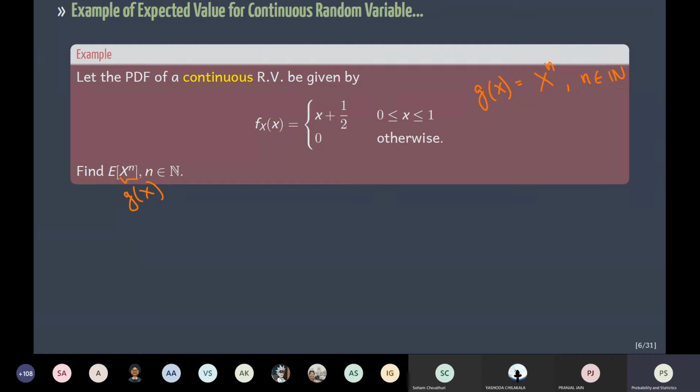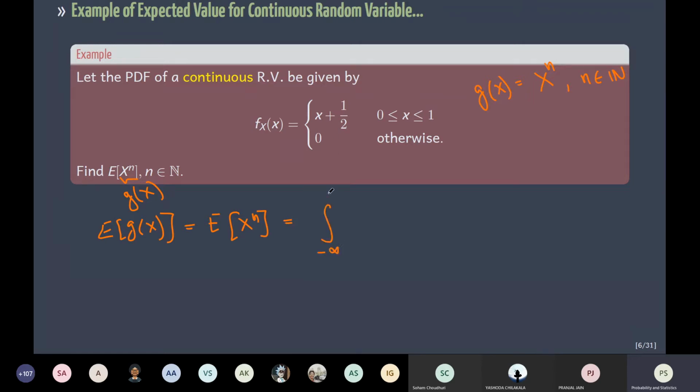We will apply the formula directly, right? So the expectation of g of x, which is the expectation of x to the n, and this is the continuous case.